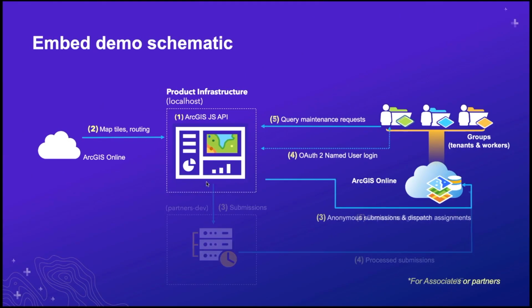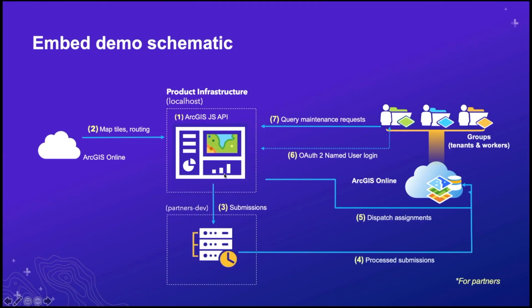So the way that this one works is now, instead of those anonymous requests going directly into the service that then get dispatched, they go into GeoEvent server, where GeoEvent automatically detects if that request is close to an existing request, and if so, it tags the appropriate worker, and if not, then it just submits it as if it came in directly. So we put this GeoEvent server basically in the middle to automatically streamline that processing.